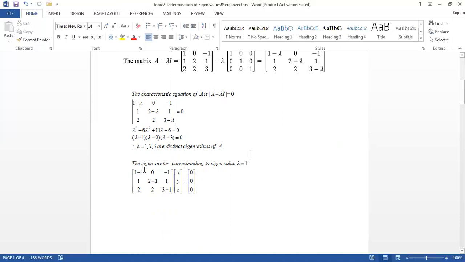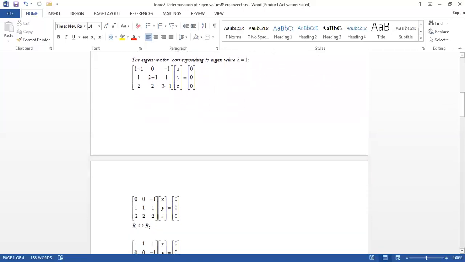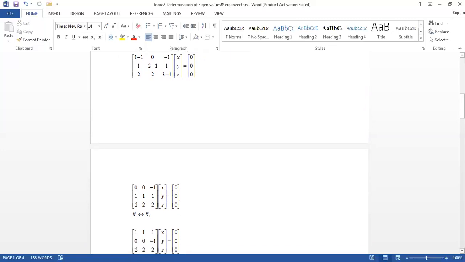Now simply subtract 1 from the diagonal elements of A. So [0, 0, -1; 1, 1, 1; 2, 2, 2] times (x, y, z) equals (0, 0, 0). The solution of this homogeneous system gives the eigenvector.